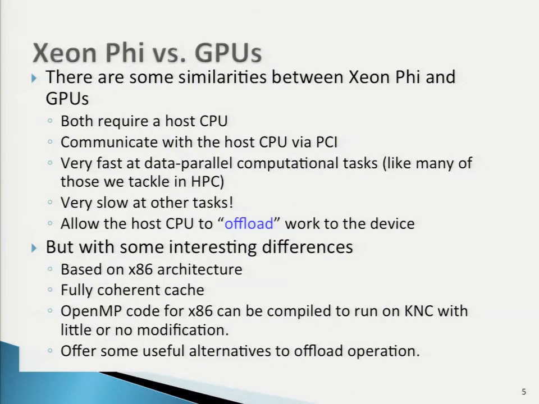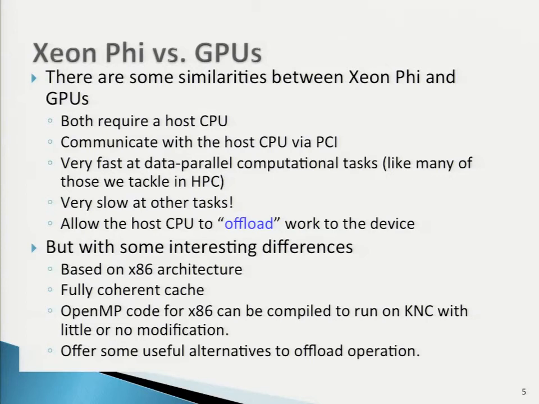So the obvious comparison people are going to make is Xeon Phi versus GPUs, and there's a lot of similarities, but there's also some very key differences. So both currently require a host CPU. You can't just use a Xeon Phi as a standalone computer. It's got to be plugged into a compute node that has a host CPU, and that's the same for GPUs.